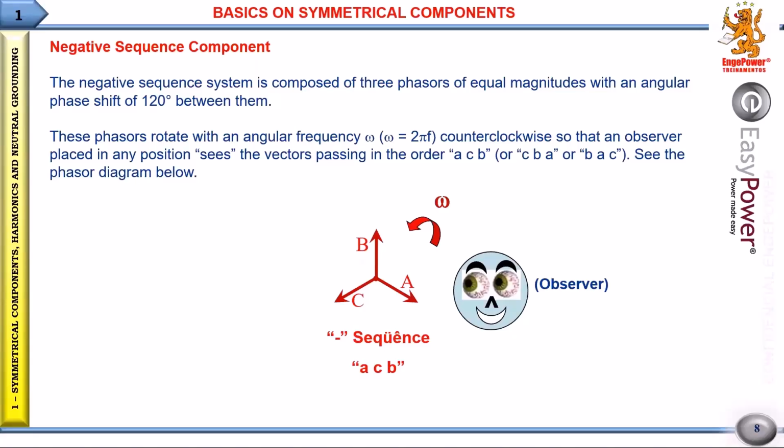So the observer will see the phasors rotating at the phase sequence ACB. So now, when the vectors start rotating, the phase sequence that the observer will see is ACB.